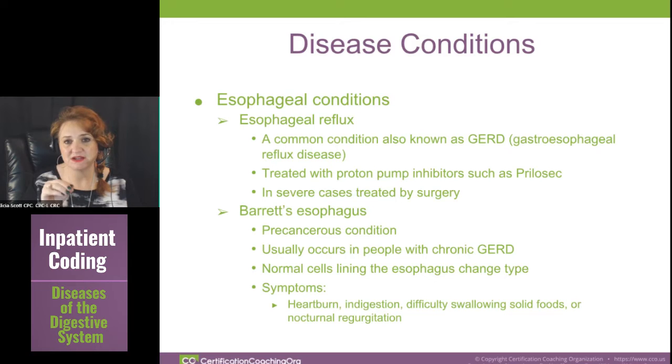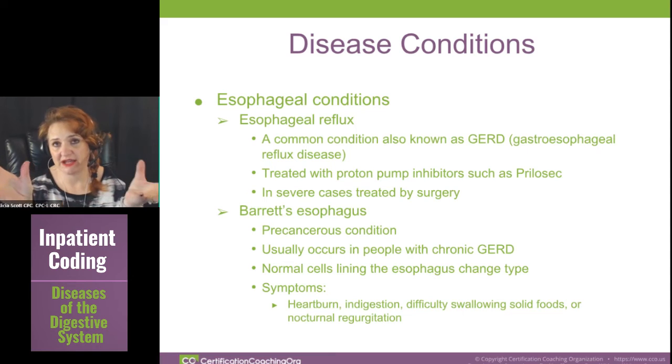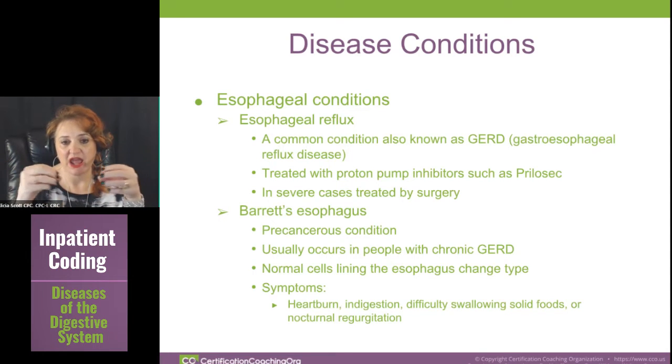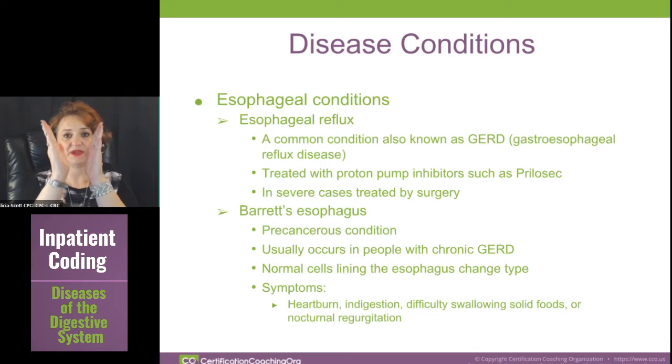When you have constant irritation, like rubbing like this constantly, eventually that's going to heat up and may even create a scab or something. That can happen from acid being pushed up into the esophagus over a long period of time. The esophagus, I like to think, just gets finally tired of it, and the stomach cells, the gastric cells, will start growing up into the lower part of the esophagus to protect itself.